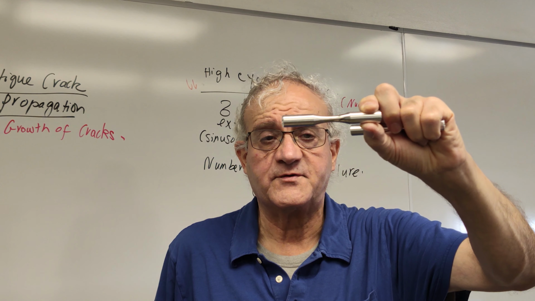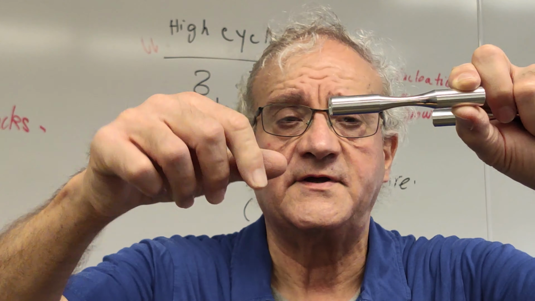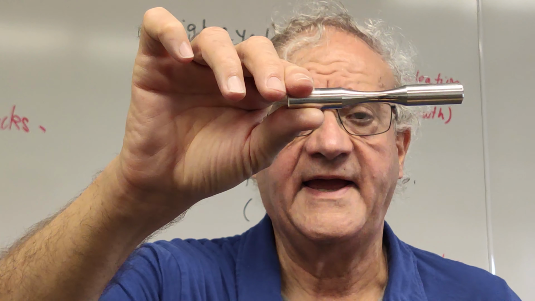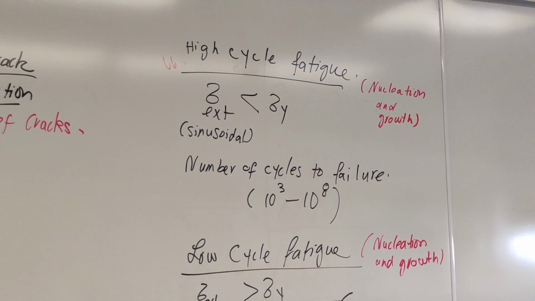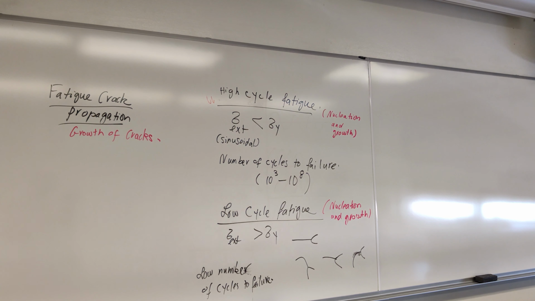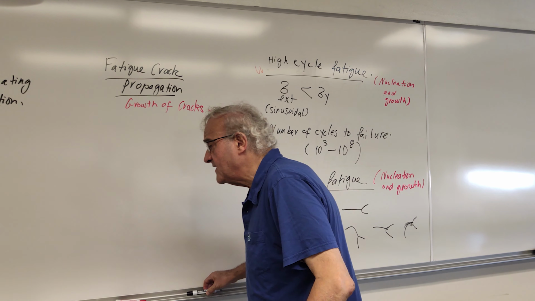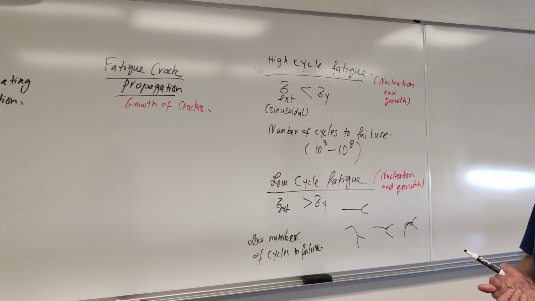Why? Because we want them to break in the midsection. So you get this sample, you put a load on it, and you rotate it. I'm going to talk about this more during the synchronous lecture, and I'm going to show you the machine. Jiadong Sun will show you the actual experiment.